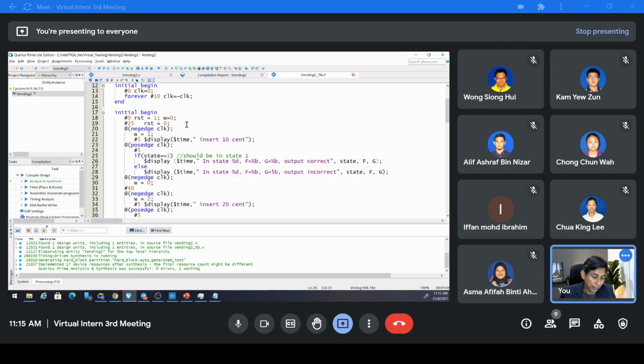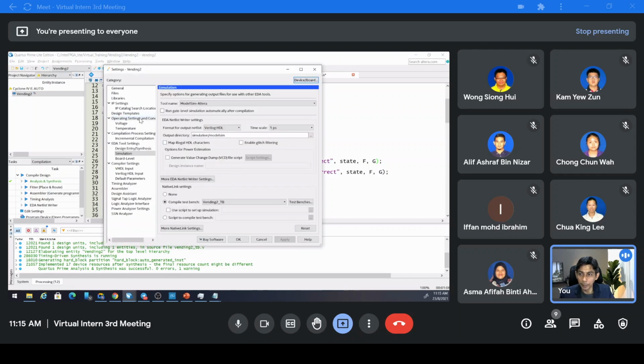Now let's see the output when we run this testbench. Again, you need to do the setting and make sure that you go to simulation. Here, select ModelSim Altera, select Verilog, and you create the testbench.